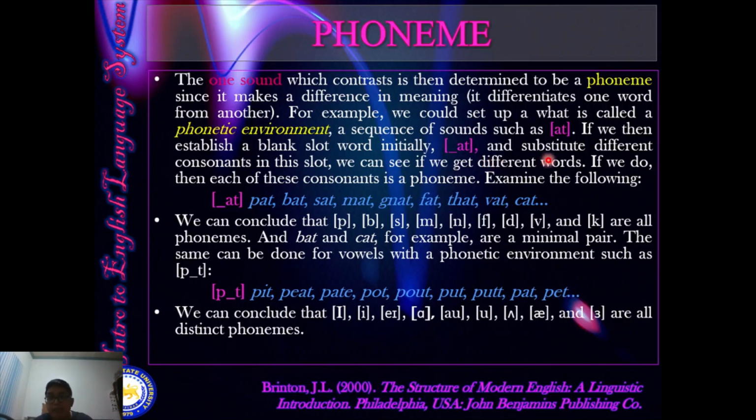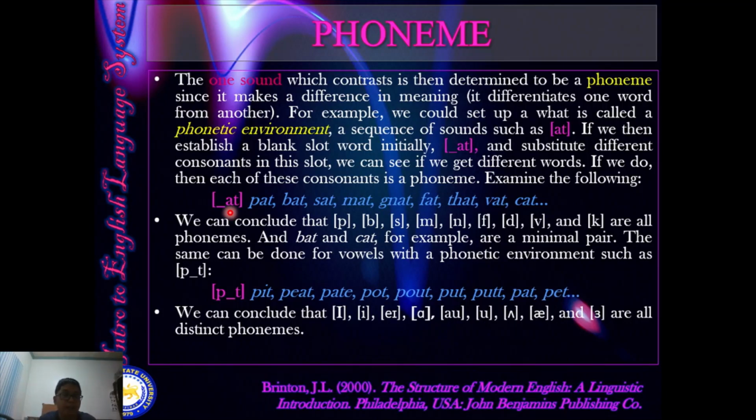Now, substituting different consonants at this slot, you can see already that it can have different words. And it goes about consonants, take note. From the phonetic environment _at, we read this again.